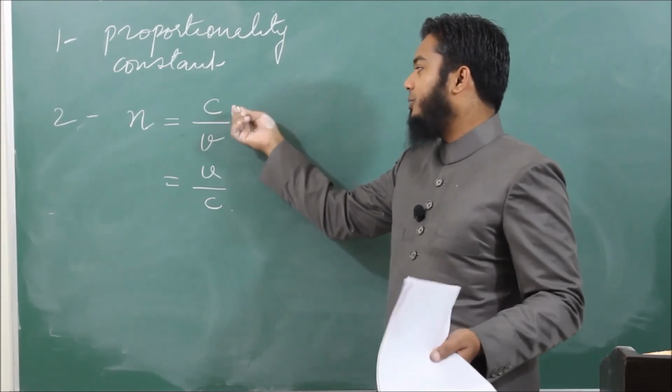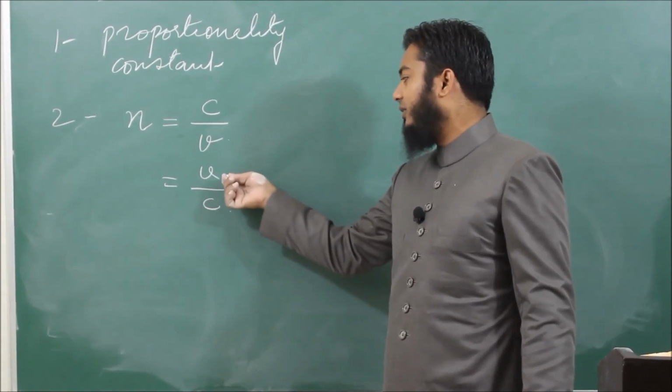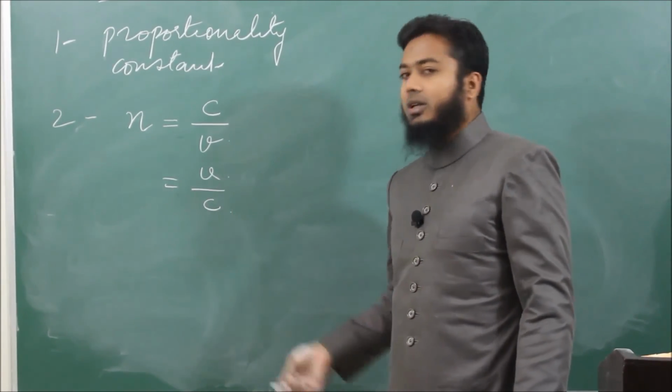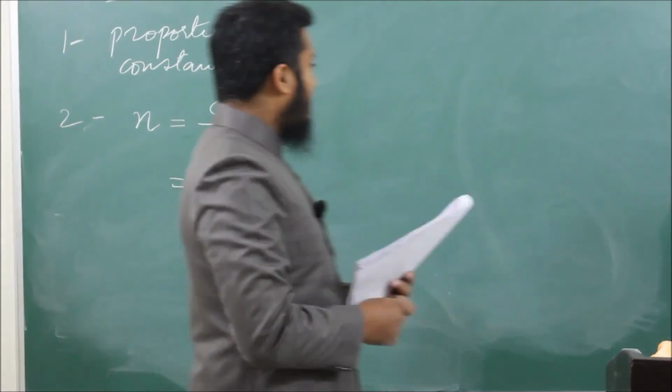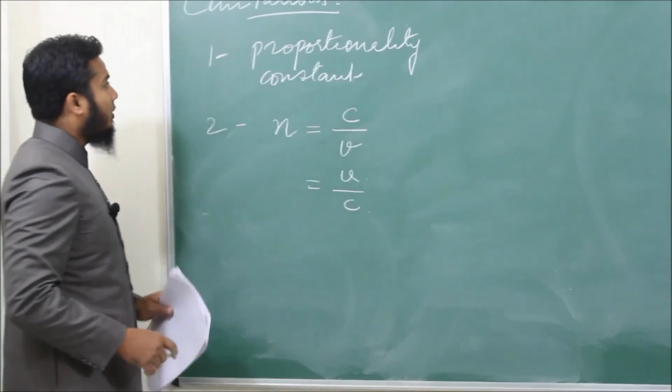In the numerator you have speed, in the denominator you have speed. Both are speeds. So these calculations cannot be done.